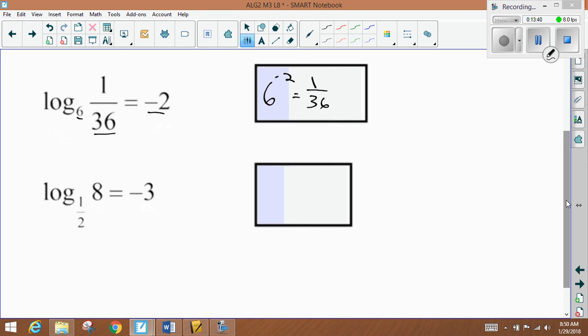So our base is 1/2, so we could say 1/2 to the -3 power is equal to 8.